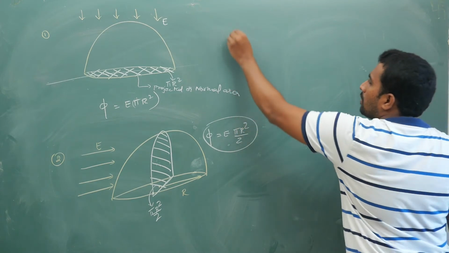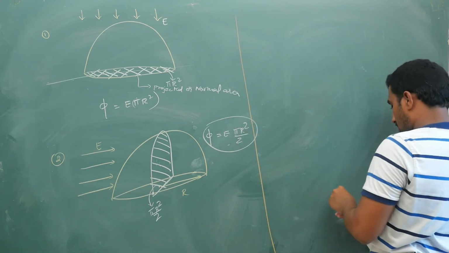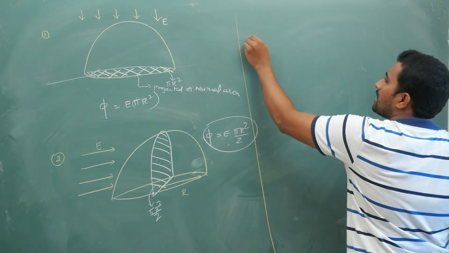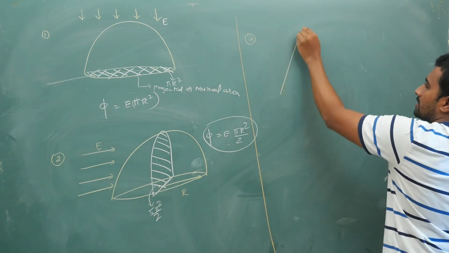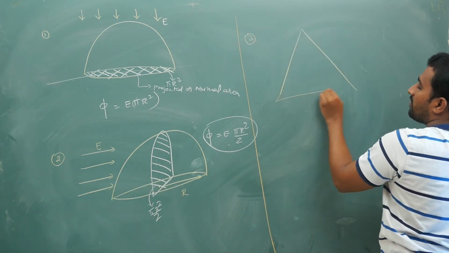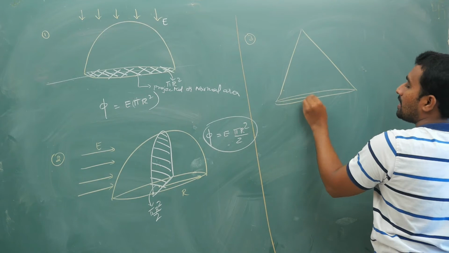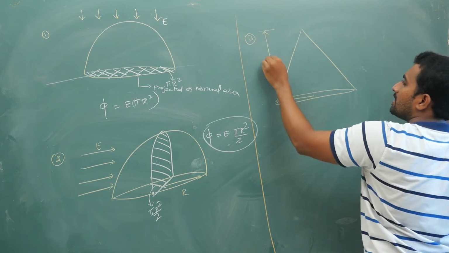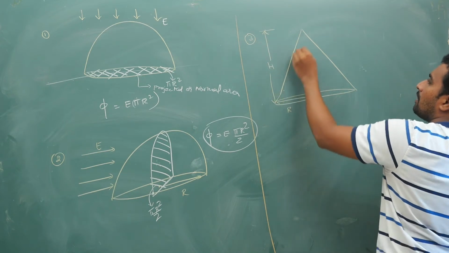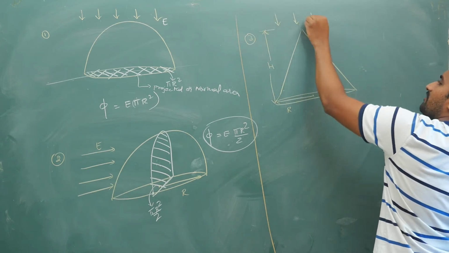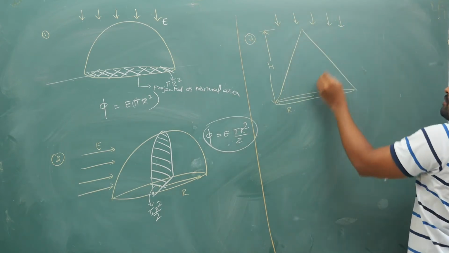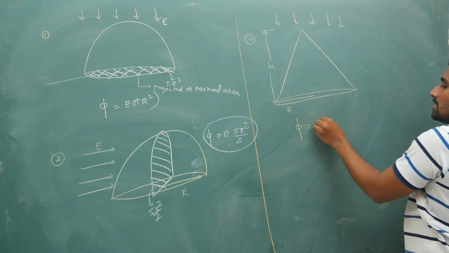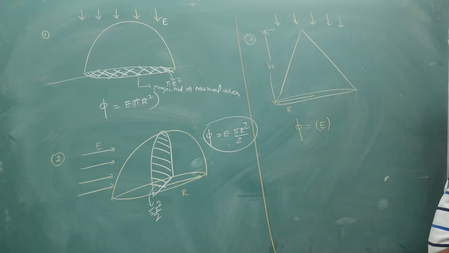Next, one more example I can give is, let us say you have a cone like this. So now for this cone, let us say radius is R, height is H. Now let us say your field is like this. Now what is your flux? It is E times, okay.